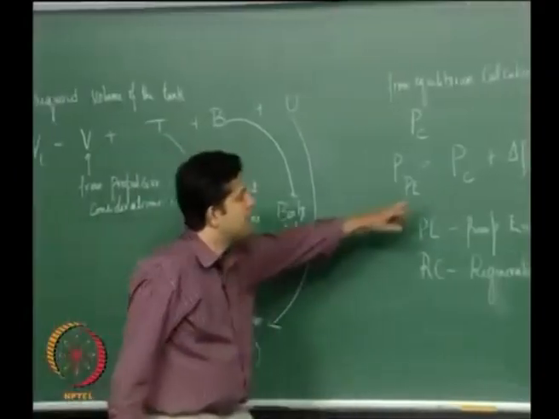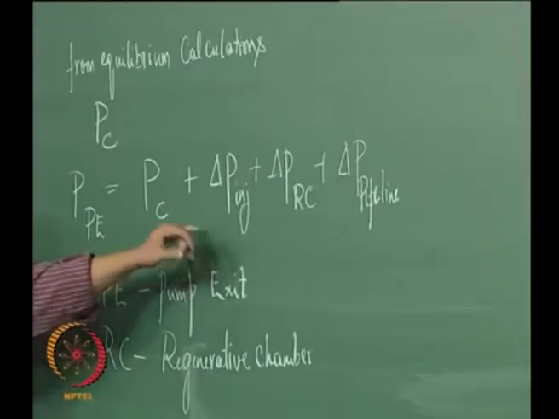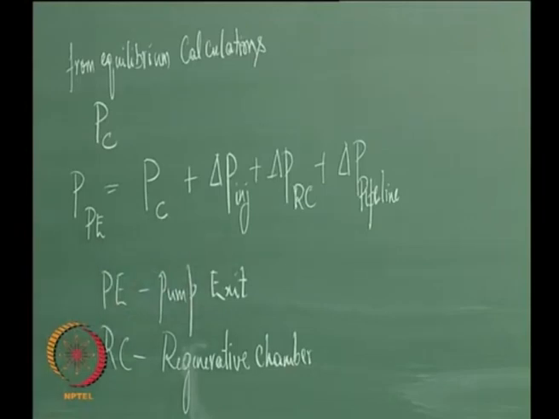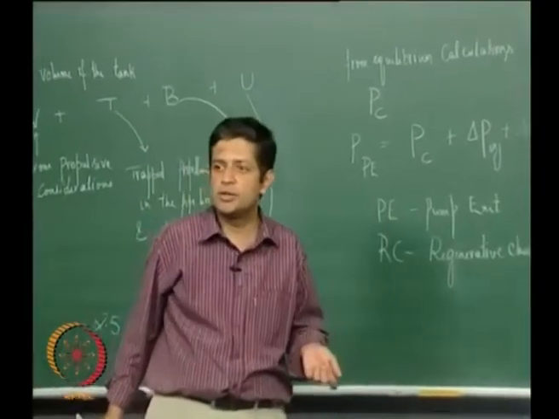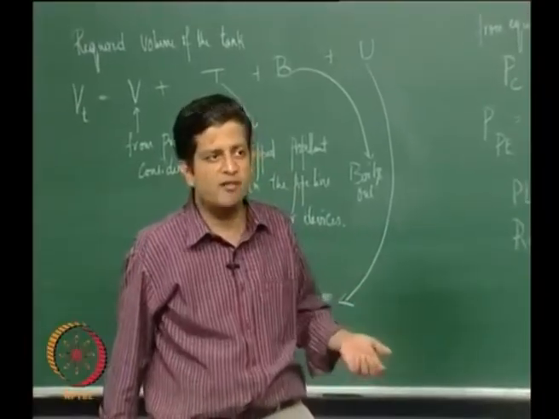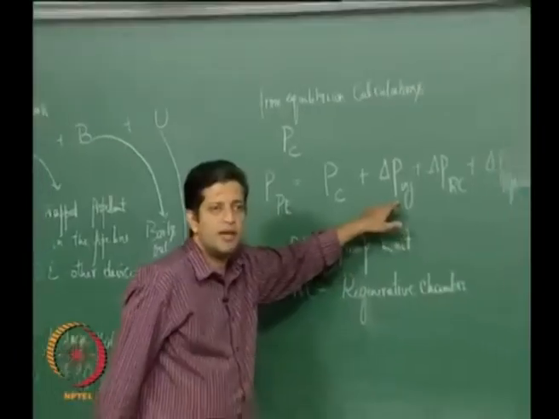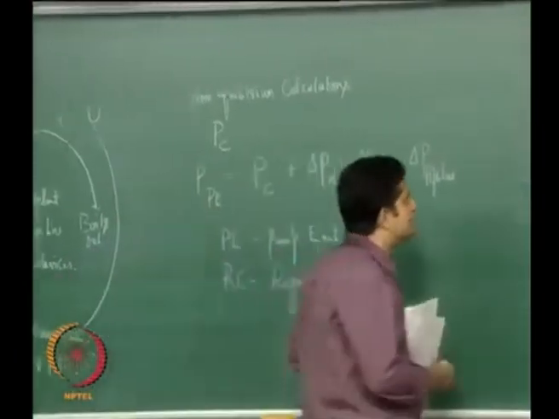Now, this we will be able to calculate from equilibrium considerations. What about this delta P across the injector? We will know the mass flow rate through the injector, that is to be given. So, how do we calculate this delta P across the injector?